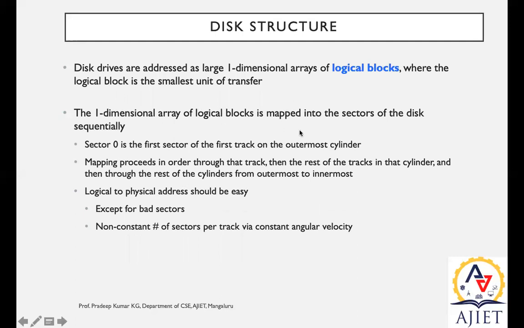Coming to the disk structure, as we know, each individual disk may have a number of platters. Each platter will have a number of tracks, again based on the manufacturer, Sony, HP, Transcend, or any other company.